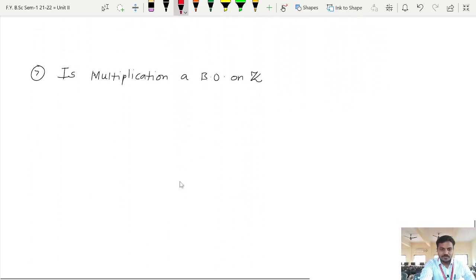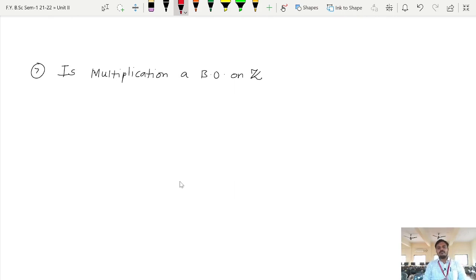Moving towards the next one, is multiplication a binary operation on the set of integers? If you take any two integers and multiply them together, do we get an integer back? And the answer is yes. If you take 10 and 3, multiply them, you will get 30, which is an integer.